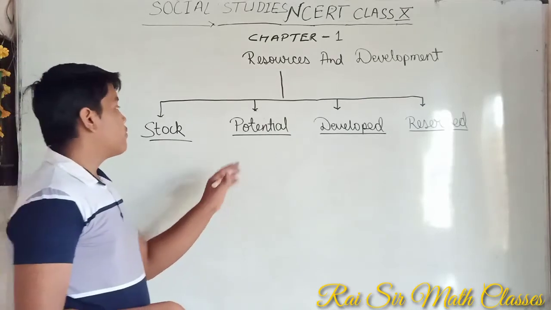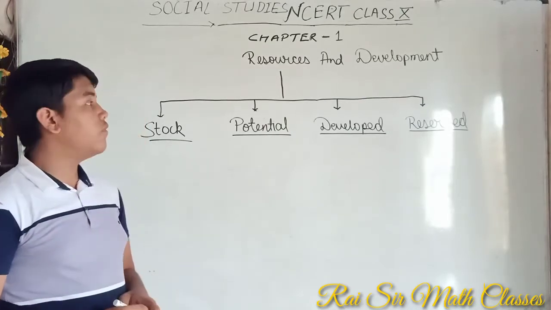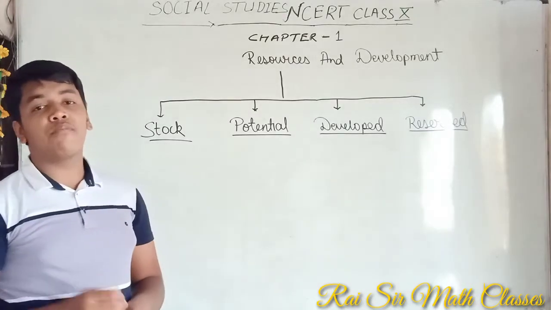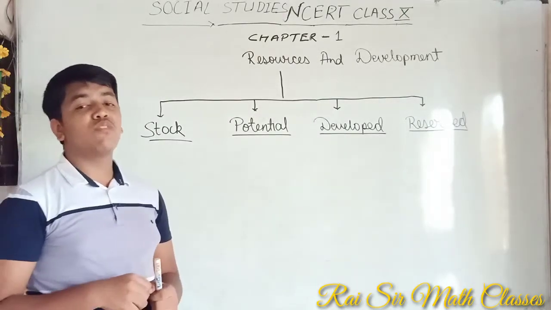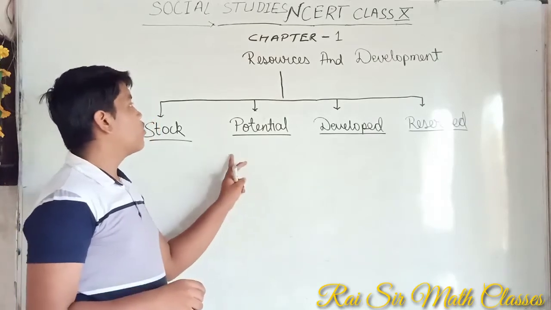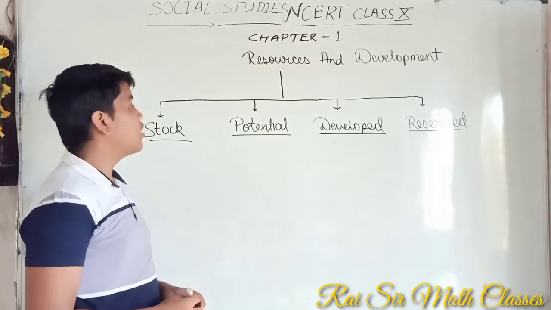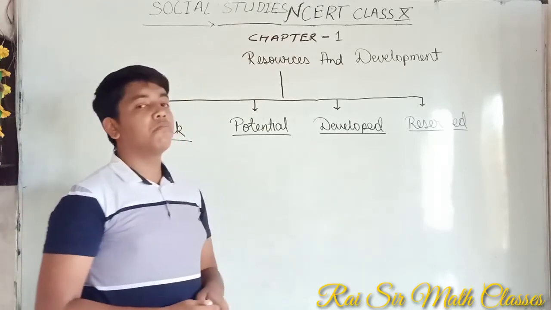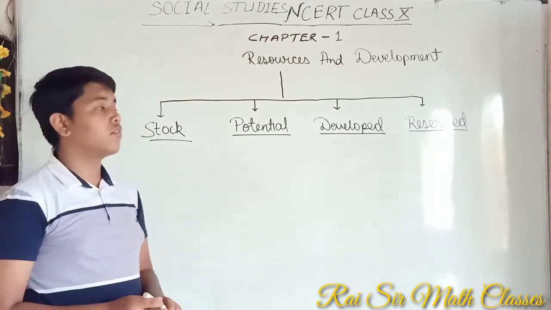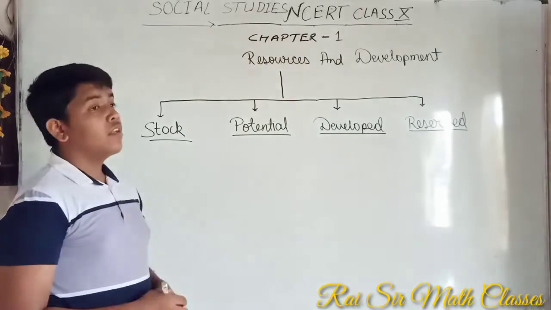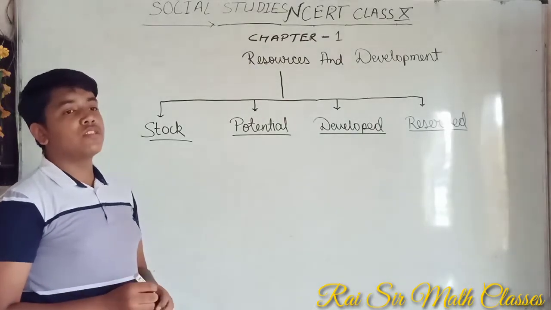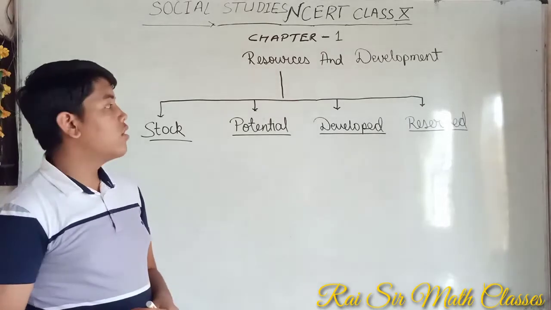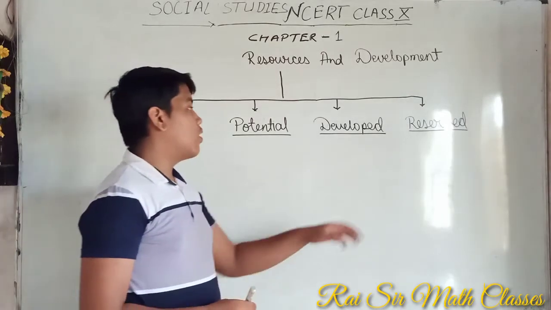Now, potential resources are the resources which have the potential to satisfy human needs. Developed resources are the resources which have been developed and are used by humans in the present world.